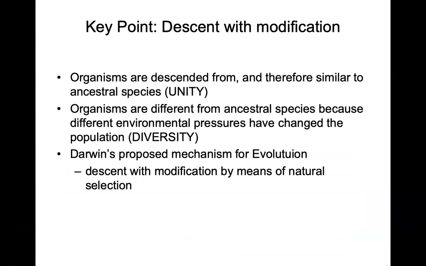So this idea of descent with modification, I have a summary here, is that organisms are descended from, that's your descent part, a common ancestor or a similar ancestral species, but that they are different, there's the modification part, because they face unique environmental pressures that cause the population to change over time. And so he proposed that this evolution and descent with modification occurred by means of a process called natural selection.